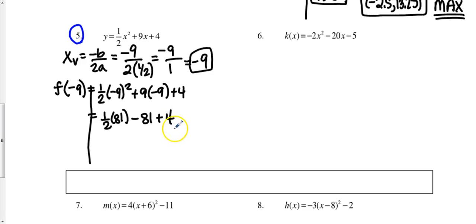Half of 81, or in your calculator you can do 81 times 0.5, gets us 40.5, and then everything else can come down. That line right there I could type directly into my calculator. And let's see what you get when you do that. You should be getting negative 36.5.